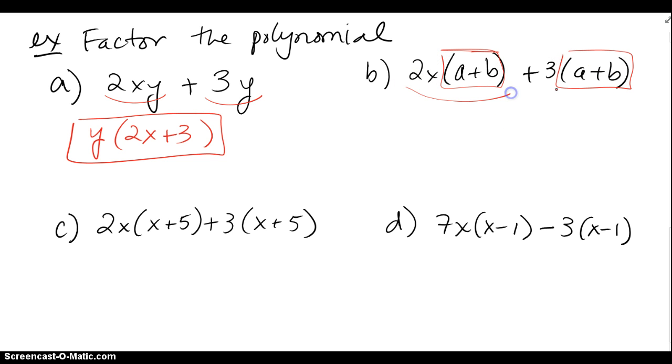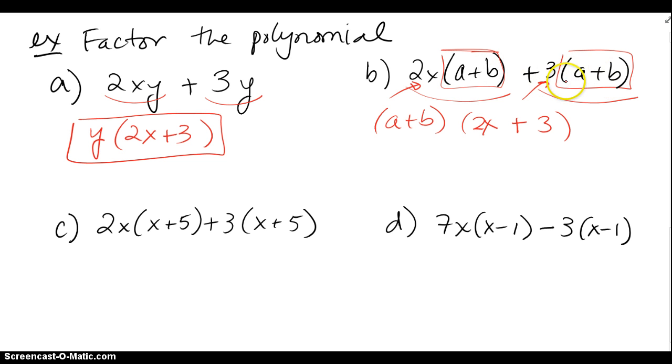So these two terms have a giant A plus B in common. Just like this had a nice little y in common, these guys have an A plus B in common. So I'm just going to yank that out and pull the A plus B outside. When I take out the A plus B and I put it outside, just like I put the y outside here, I'm going to be left with only 2x in the first spot plus only 3 in the second spot.